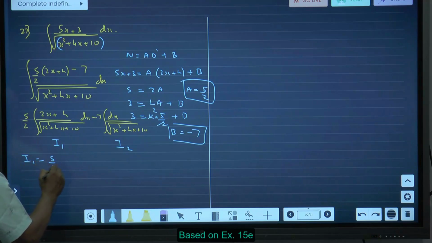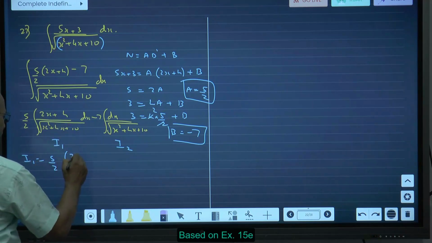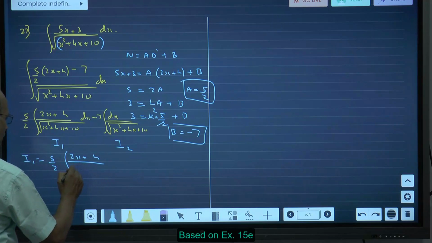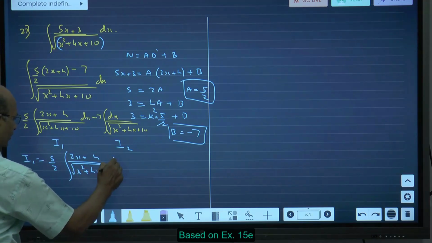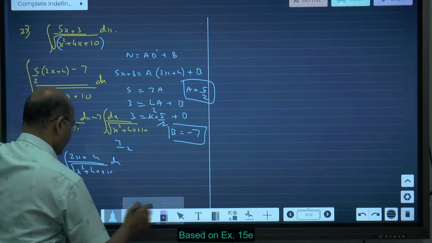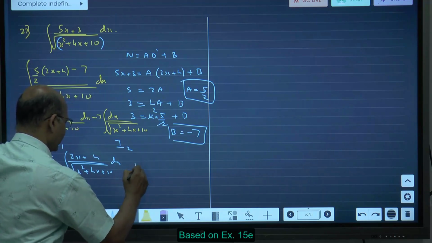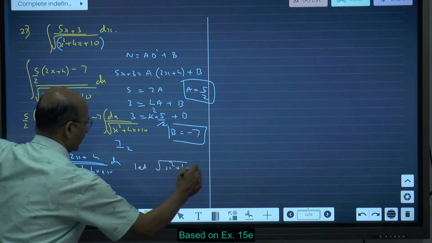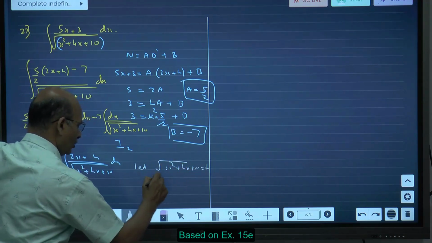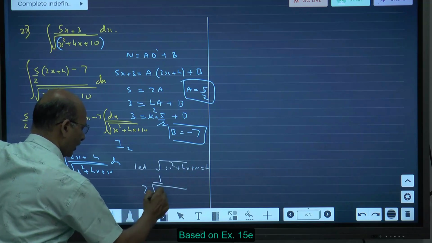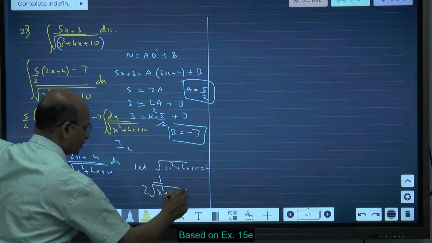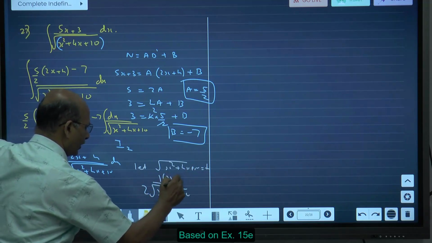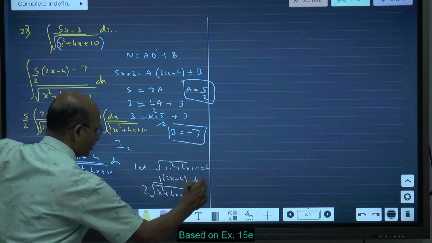So I1 is 5 by 2 integral 2x plus 4 upon square root of x square plus 4x plus 10 dx. What I'll do is, let root of x square plus 4x plus 10 be t. So what will happen now? 1 upon 2 root x square plus 4x plus 10 into 2x plus 4 dx is equal to dt.